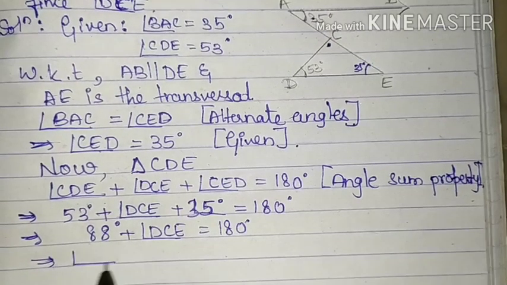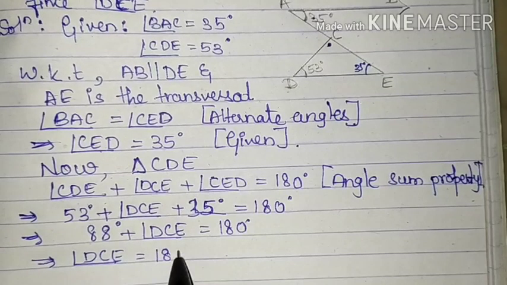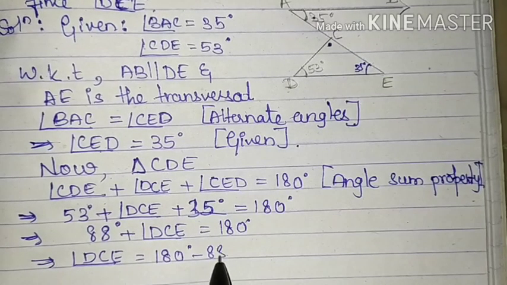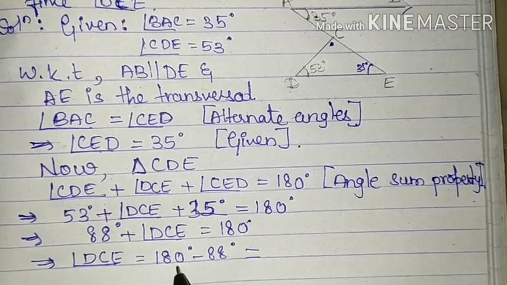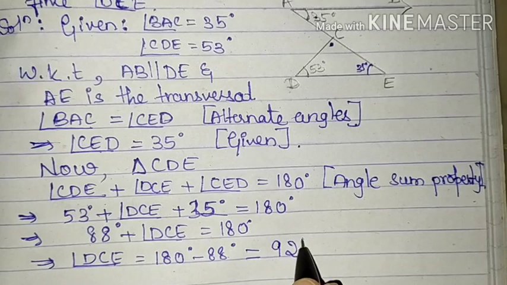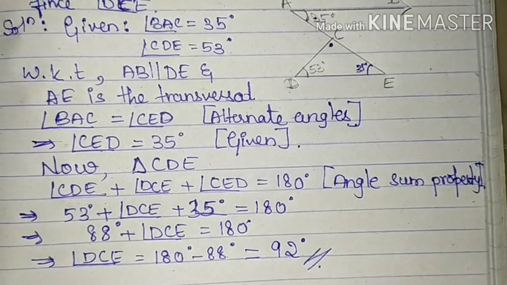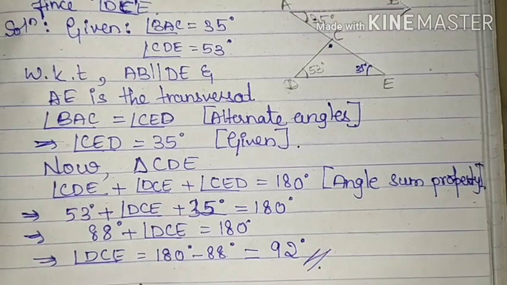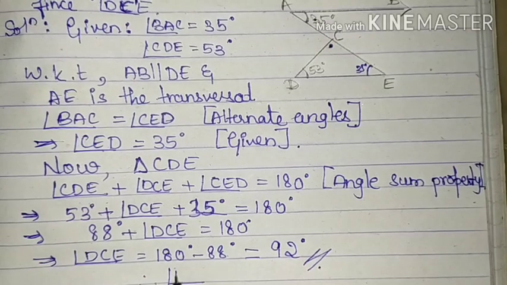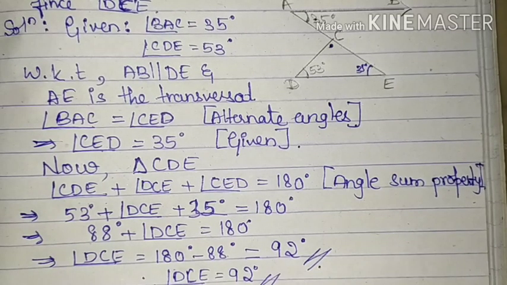This implies angle DCE is equal to 180 degrees minus 88 degrees, which is equal to 92 degrees. This is the solution to the given question. Therefore, angle DCE is equal to 92 degrees. It is an obtuse angle.